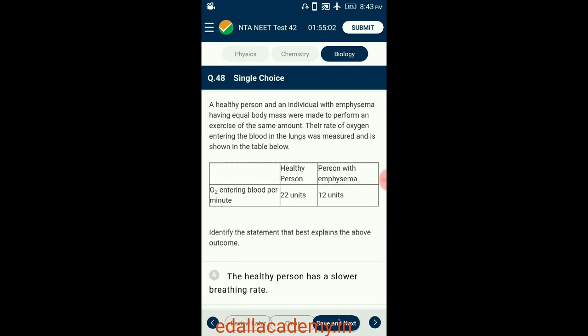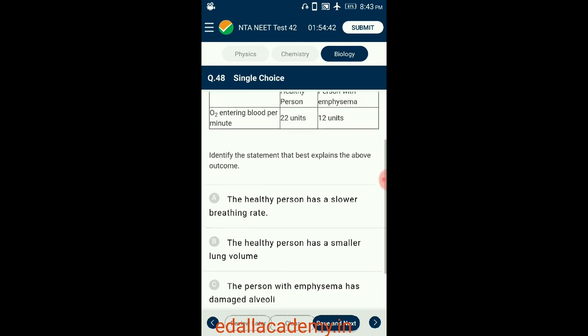Question number 48. A healthy person and an individual with emphysema having equal body mass were made to perform an exercise of the same amount. The rate of oxygen entering the blood in the lungs was measured and it is shown in the table below.